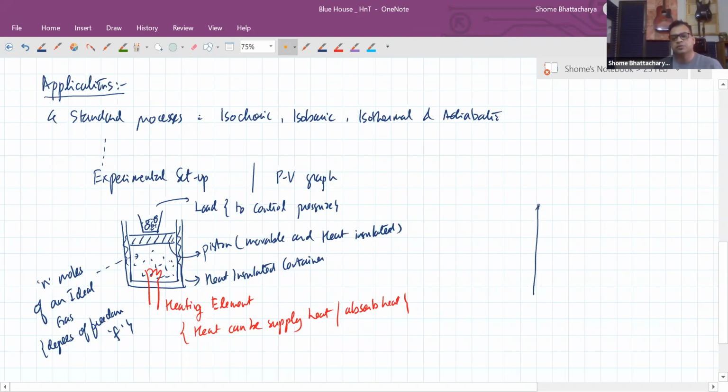Whereas PV graph, you know already, any state change is represented by a curve. So this is the general thing. Now we'll apply it specifically to these four standard type of processes.